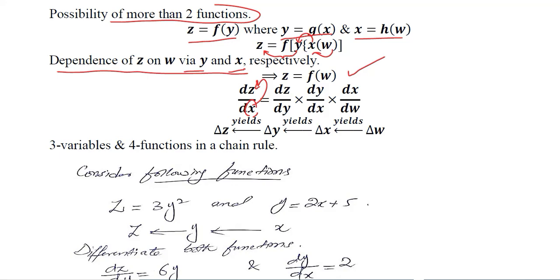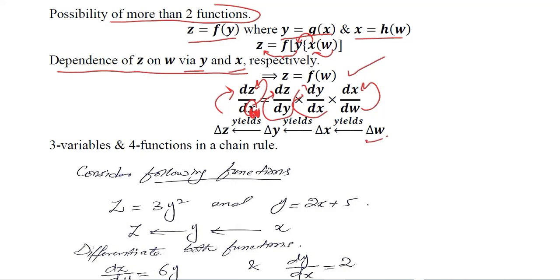The effect of w is to be observed on z. Here it should be w, so we should be mindful of it, that we are trying to observe the effect of w on z. Therefore w is affecting x, and x is affecting y, and y is affecting z. So in this indirect way the whole relationship will be explained.